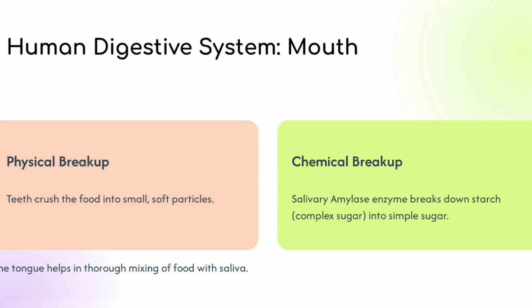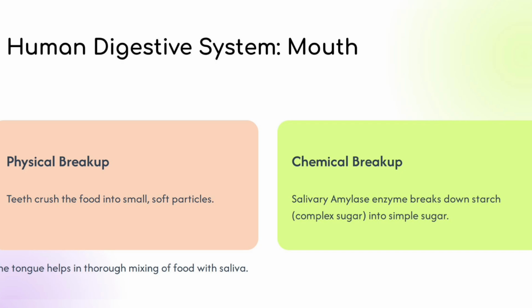There are two types of digestion here. Digestion begins in the mouth. In that there are two types of digestion, that is physical breakup and chemical breakup. Physical breakup: our teeth crush the food into small soft particles. Then the tongue helps in mixing the food thoroughly with saliva.